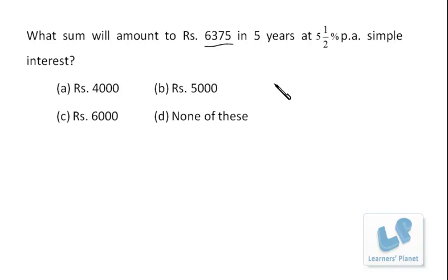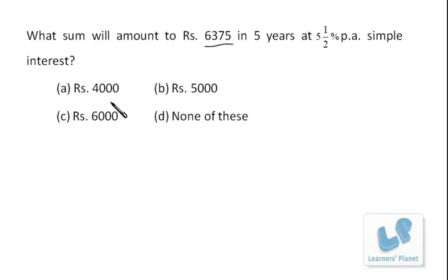Now just try to do this problem with a backward approach. On the original amount, the addition is between 25 to 30%, that is 27.5%. So suppose I take 4000 as the correct option.